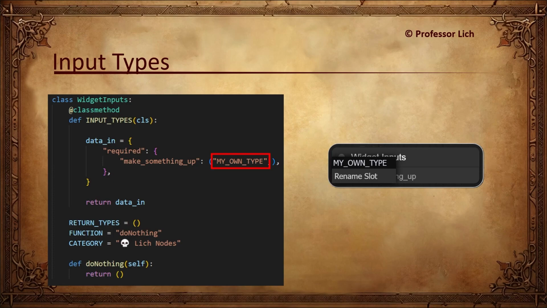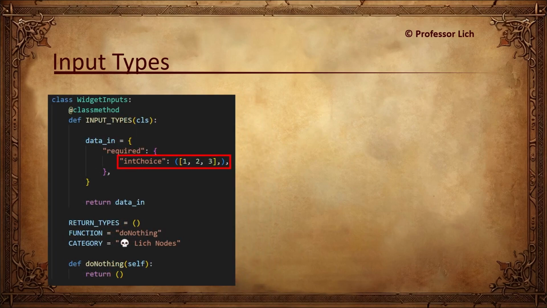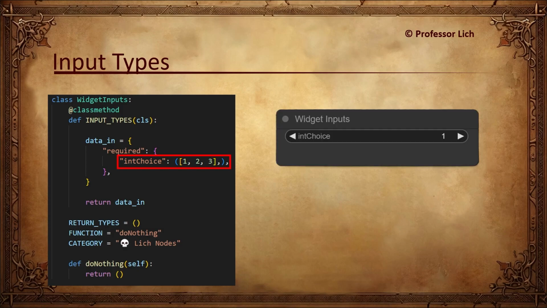Now, let's try something different. Instead of input type being a single string, let's make it a list of elements enclosed in square brackets like this, say 1, 2, 3 numbers. We might as well change the key as well. Let's call it int choice, int being integer. When you run Comfy, this will be the outcome.